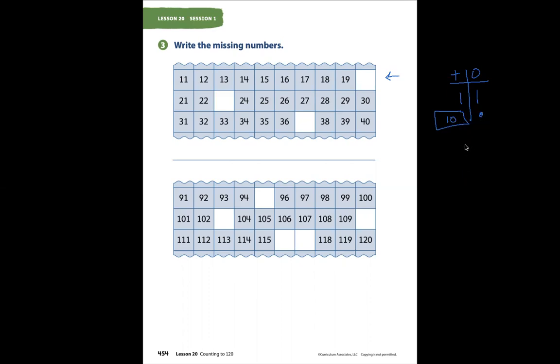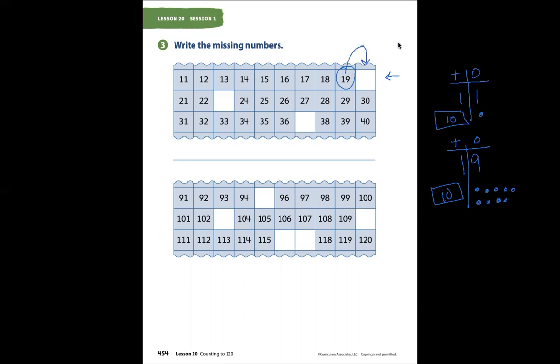If we have the number 19, we have one group of 10 and 9 ones. Here is my group of 10 and 9 ones. 1, 2, 3, 4, 5, 6, 7, 8, 9. So that is the number 19.